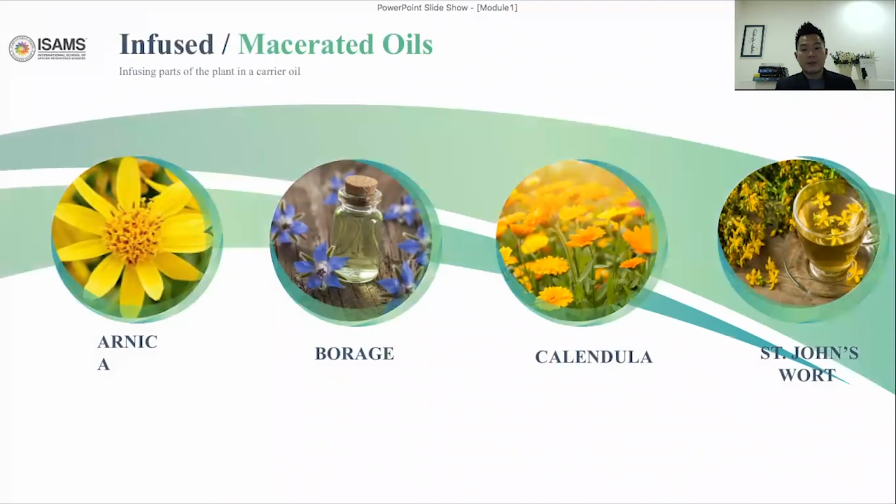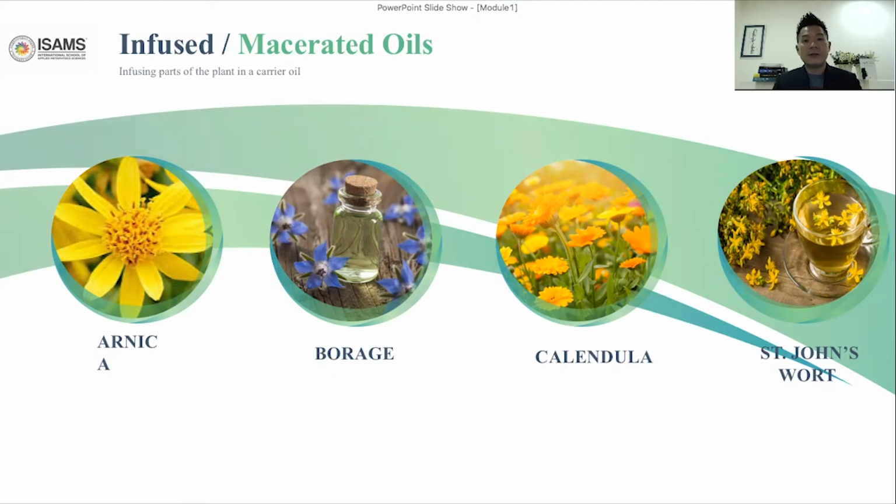Some of the examples are Arnica, borage, Calendula, St. John's wort. There are more, and you can see that in Ayurvedic medicine, traditional Chinese medicine, and Western culture.